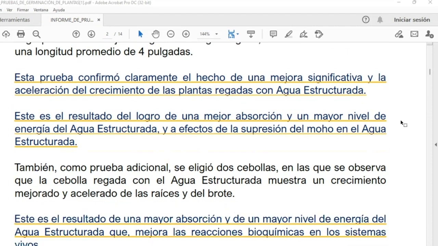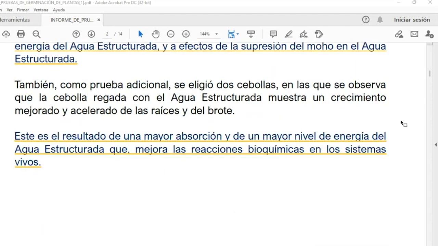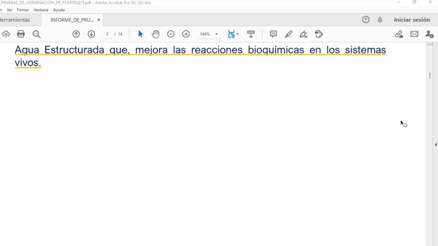This is the seeds and initial planting. Then the differentiated development in the first stage, and finally, the end of water suppression. Plants irrigated with regular water practically undergo flattening because regular water has no memory and therefore does not provide the plant the energy sufficient to keep it standing, despite being irrigated for the same period of time.